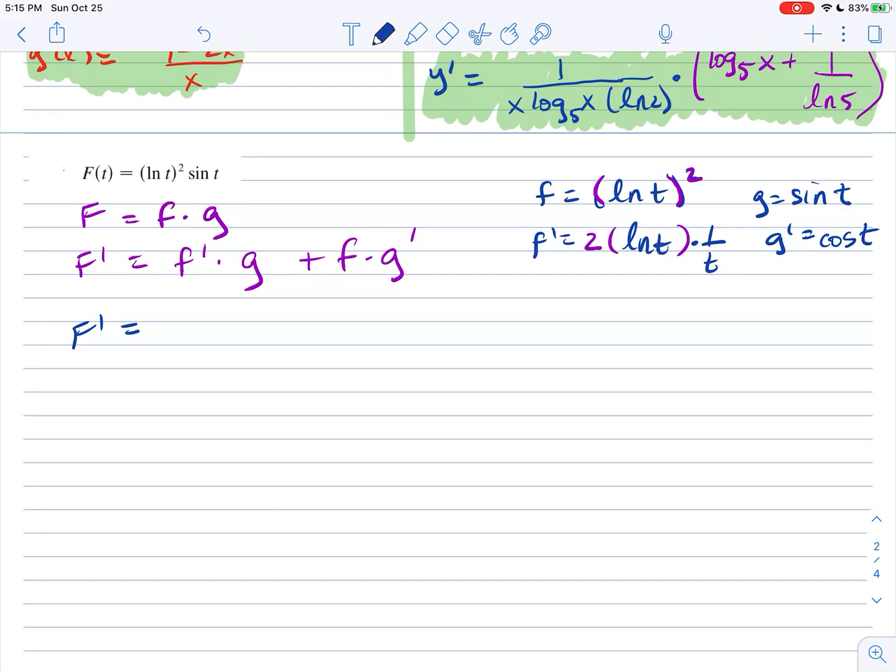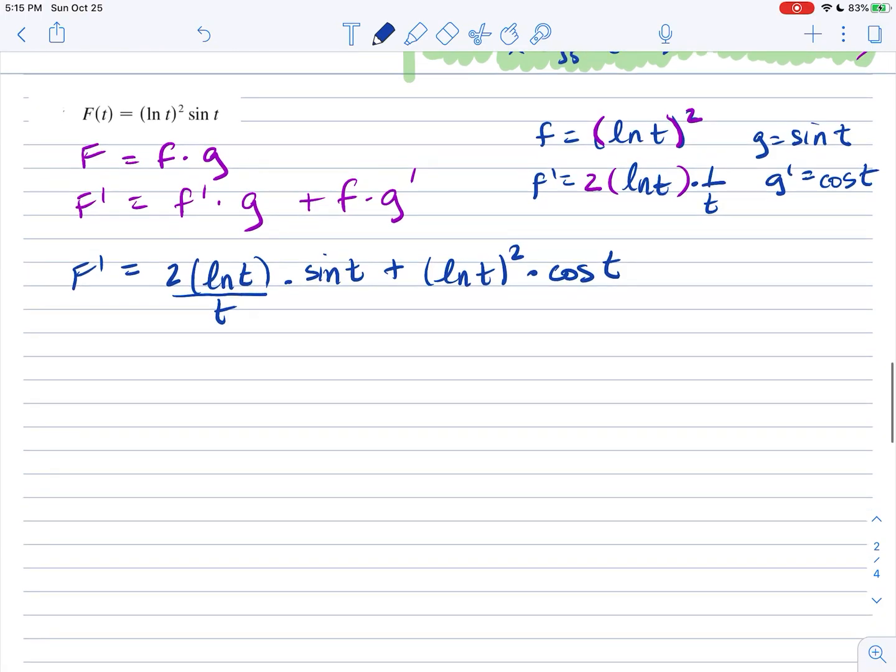So when I put forth the product rule, the derivative of the first is 2 times the ln of t over t, times the second, sine t, plus the first, ln of t squared, times the derivative of the second, cosine of t.